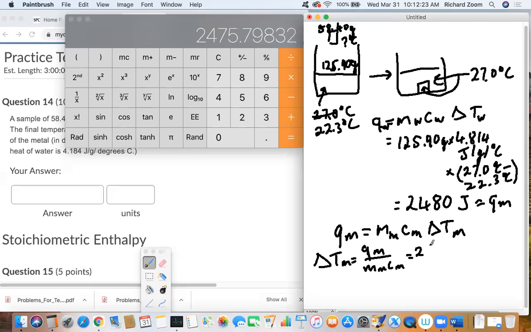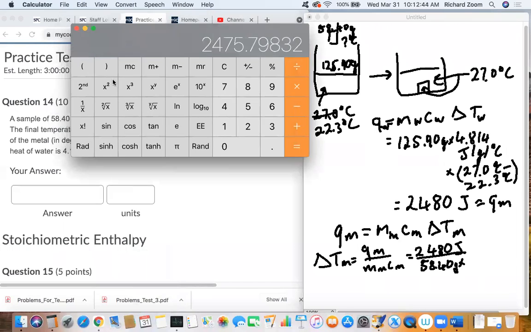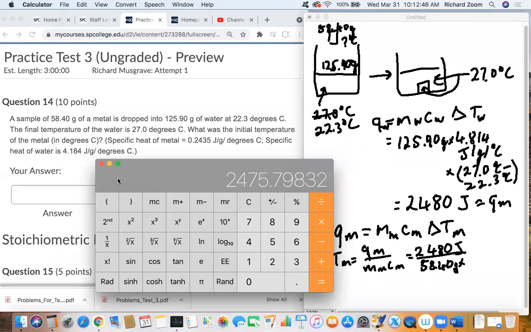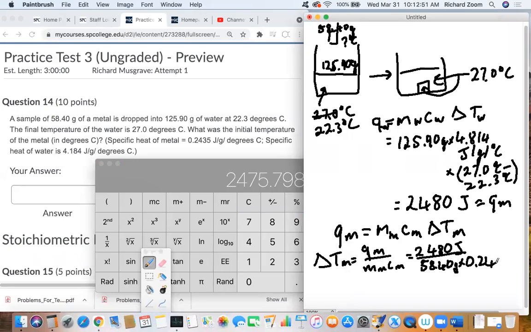So 2480 joules divided by the mass of the metal, which is 58.40 grams, and the C of the metal, which is given in the problem, 0.2435 joules per gram per degree Celsius.